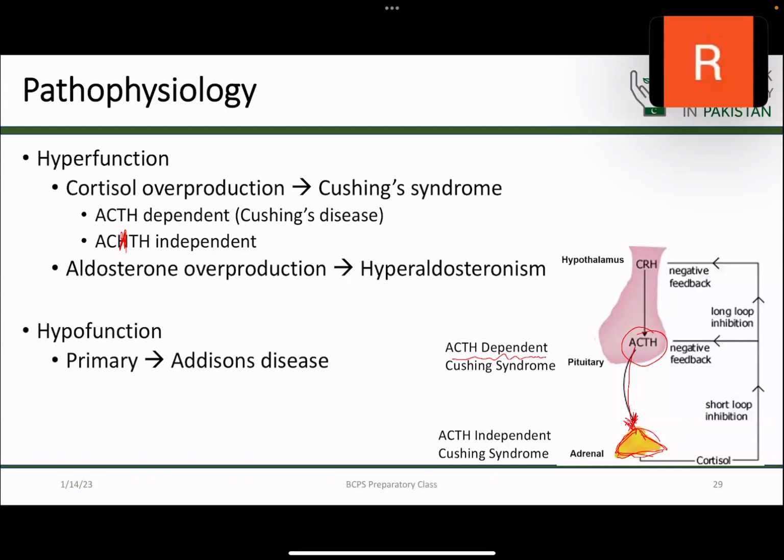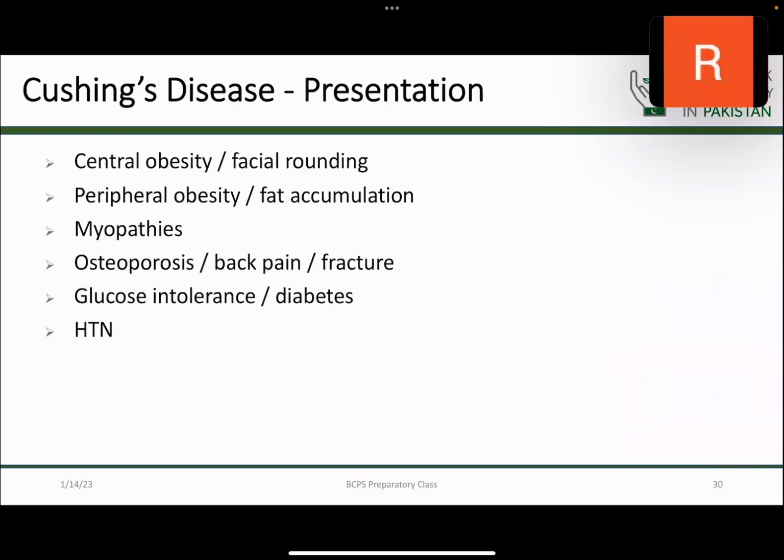And there could be overproduction of aldosterone, because cortisol and aldosterone both are the secretions of different parts of the adrenal gland. So that state is hyperaldosteronism. And hypofunction, we are talking about primary hypofunction of the adrenal gland, that is known as Addison disease.